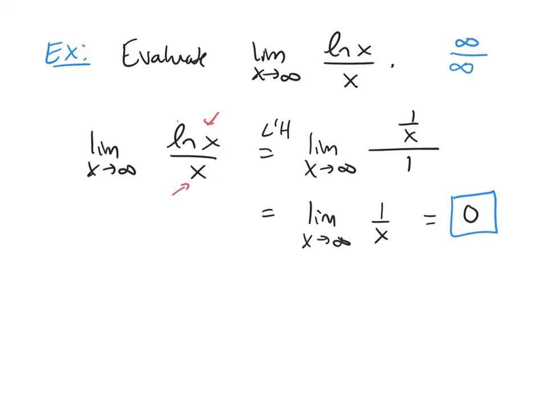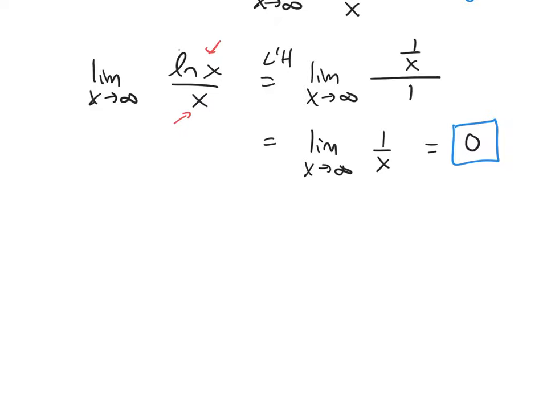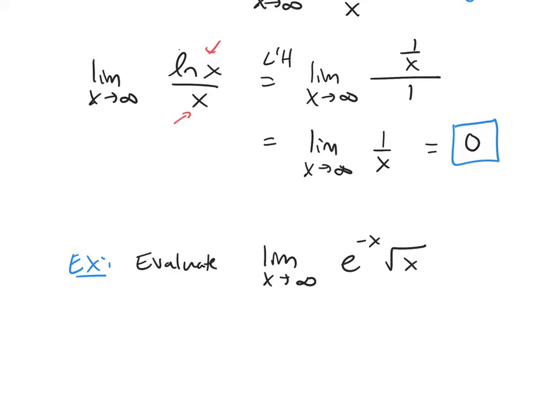Okay, let's look at one more of these limits. Let's say I want you to evaluate the limit as x goes to infinity, e to the negative x times the square root of x.